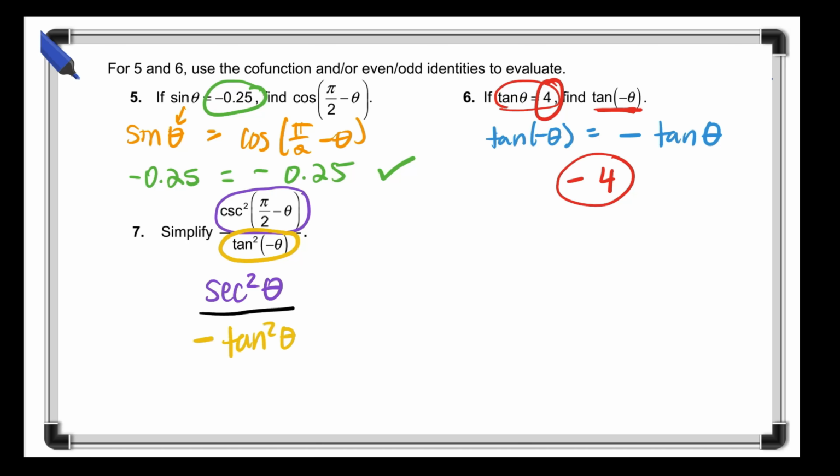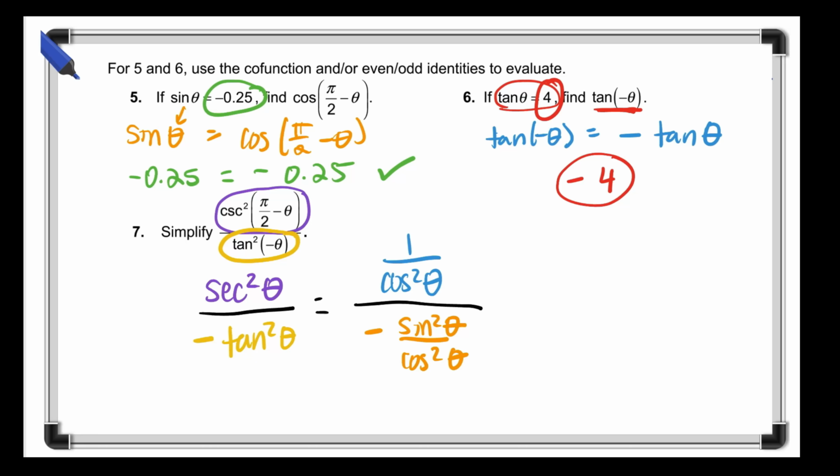So let's go ahead and simplify that. What do I know? I know that secant squared of theta is the same thing as 1 over cosine squared of theta. And for my negative tan squared theta, that is the same thing as negative sine squared theta over cosine squared theta.